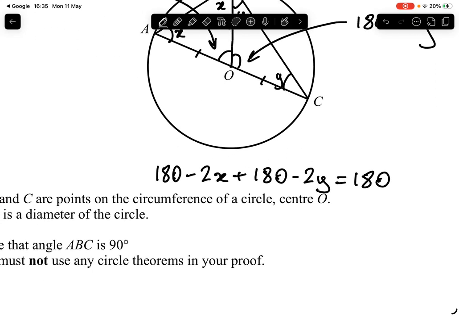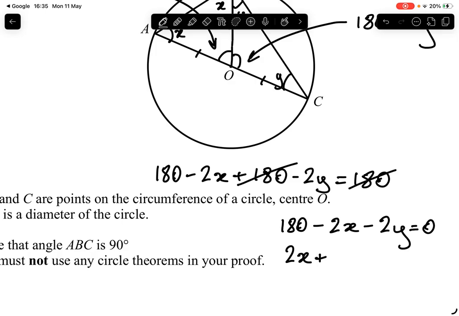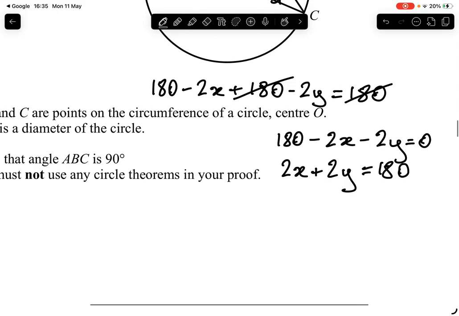Well, I can subtract 180 from both sides, and that gives me 180 subtract 2x subtract 2y is equal to 0. If I then add 2x and 2y to both sides, I get 2x plus 2y equals 180. And because I have a common factor of 2 on every term in this equality, I can do x add y equals 90.